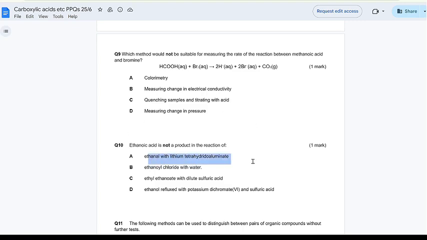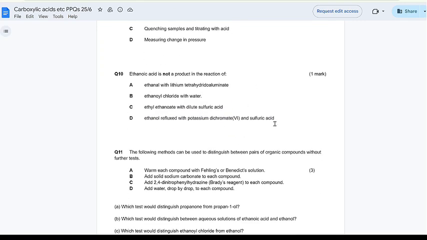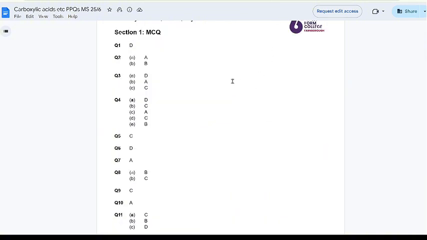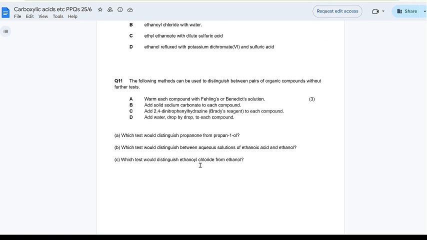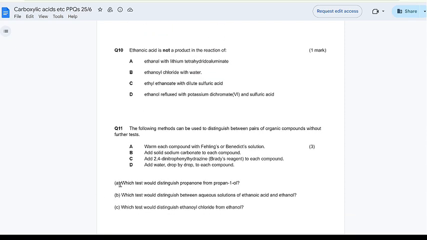Ethanol with lithium tetrahydroaluminate there doesn't make any sense because why are you reducing something that can't really be reduced that easily? Question 11 is CBD, which is exactly what we got. So kind of just did them flawless, even though I was not expecting that.